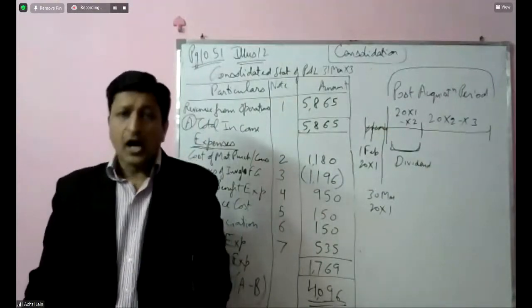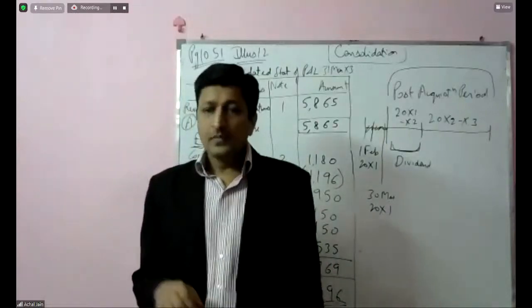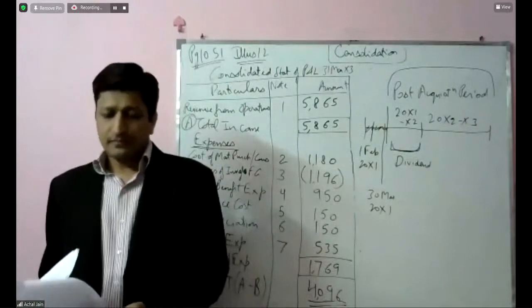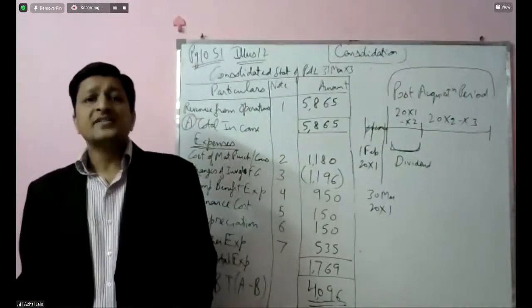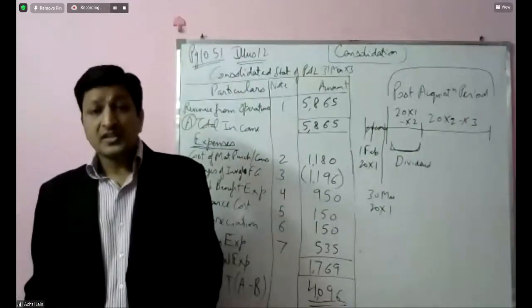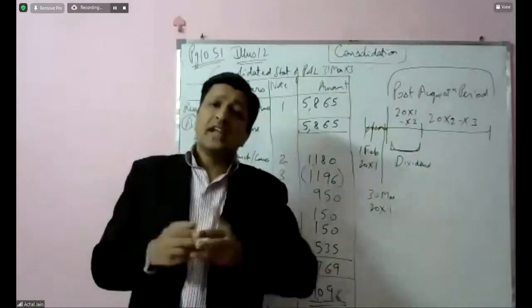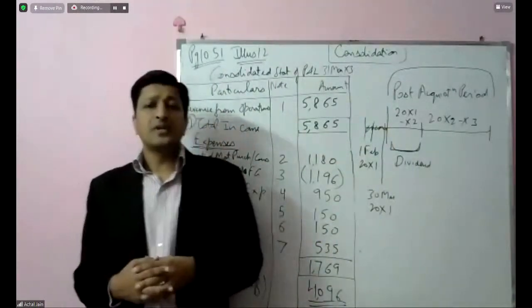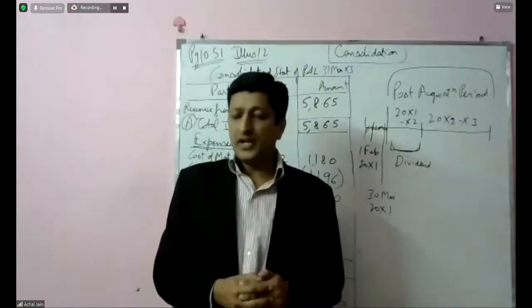Okay. Now moving on to the query of Shamim. He's saying, how do we identify intercompany transactions? It's very simple. If you go back to this question, in this question, 3 adjustments have been given, or you can say 3 transactions have been specified. And the question is clearly telling you that these transactions are between the group companies. So there is no further analysis which is required to be done.